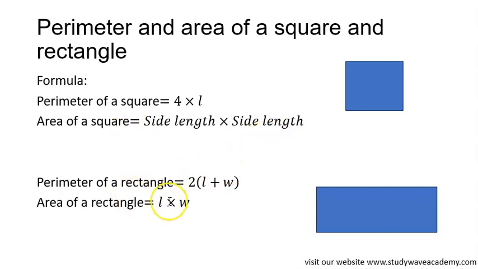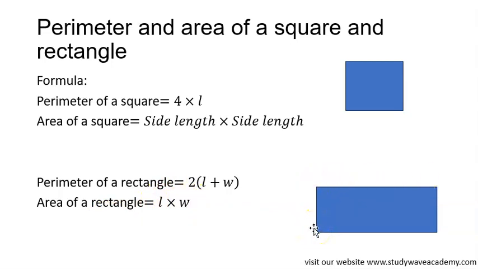Now moving to the formula for a rectangle. The perimeter of a rectangle is 2 bracket open L plus W bracket close. This is the length, this is the width. So 2 bracket open L plus W bracket close. Then to get the area of a rectangle is L times W, length times width, length times width.